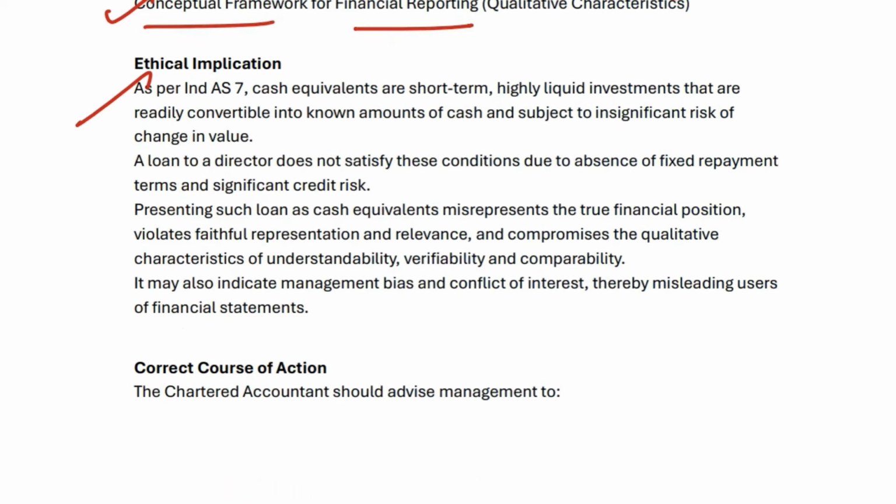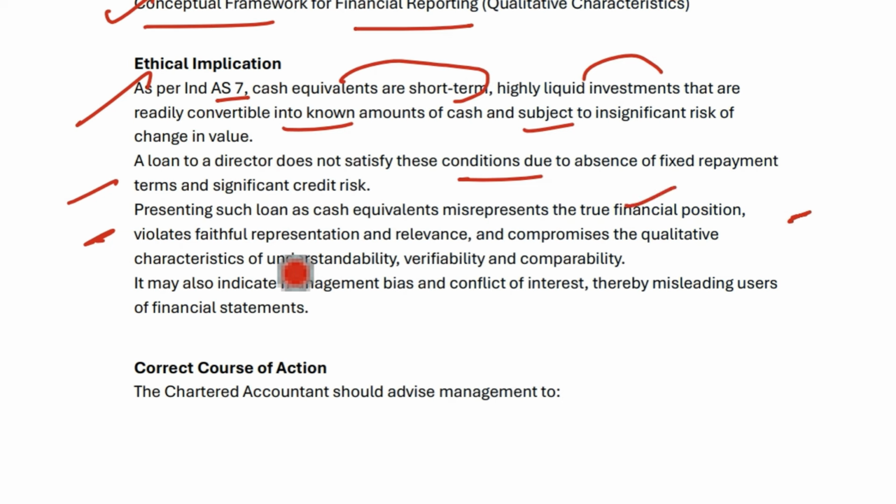Now what is the ethical implication we are going to see? As per Ind AS 7, cash and cash equivalent is a short-term, highly liquid investment that is readily convertible into a known amount of cash, right? Now, what is a loan? A loan to a director does not satisfy these conditions. So presenting such a loan as cash and cash equivalent misrepresents the financial position, violates faithful representation and compromises the qualitative characteristics.